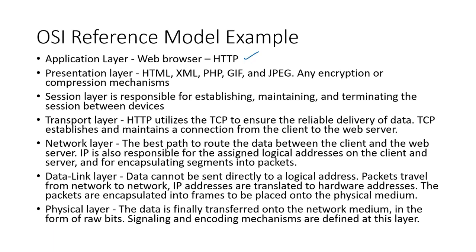The application layer uses HTTP, and then the presentation layer takes care of presentation like HTML, XML, PHP, GIF, JPEG, or encryption, whatever mechanisms you use. The session layer is responsible for establishing, maintaining, and terminating sessions. Then your transport layer: HTTP uses TCP as a transport layer protocol.